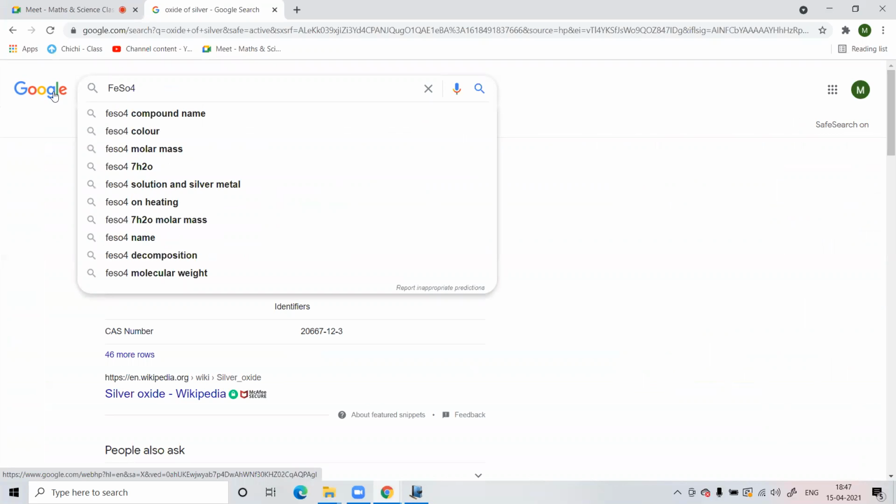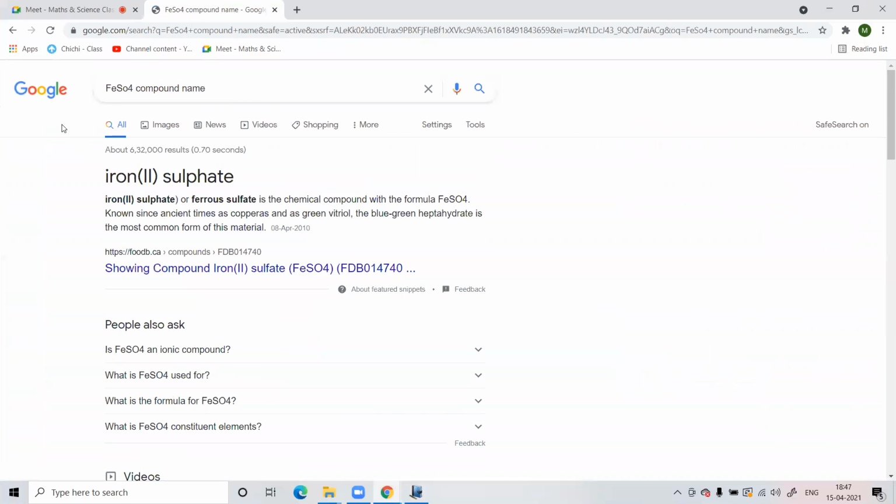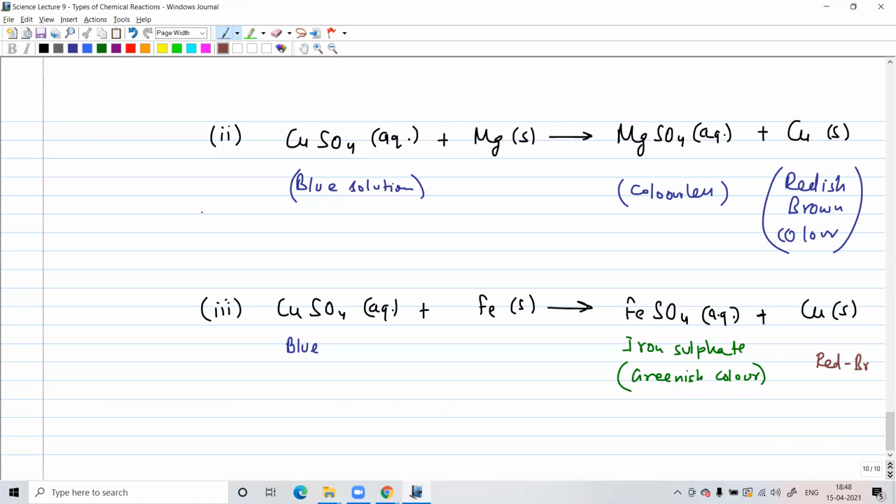FeSO4. See, this is iron 2 sulfate, so this will be called ferrous sulfate. Sulfate has a valency of 2. Right now you do not understand these things clearly. I will talk about valencies later, and that time these things will make more sense. So sulfate has a valency of 2, so in this case iron will be called ferrous.